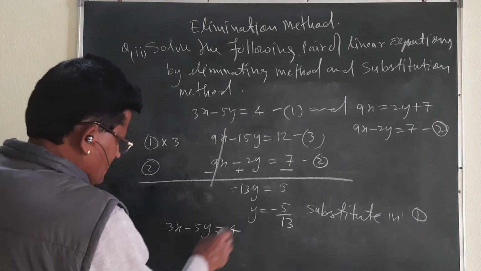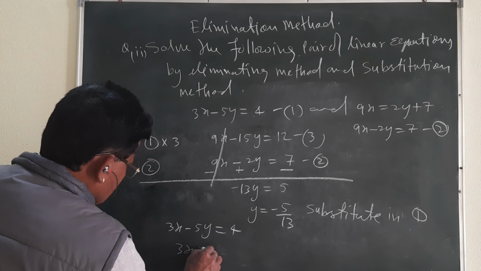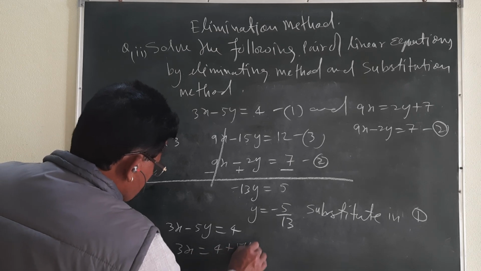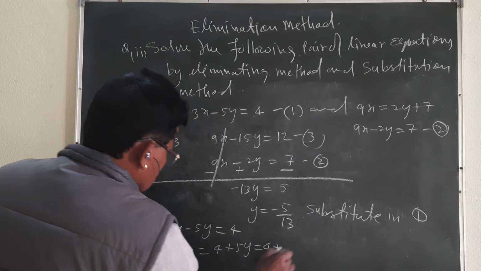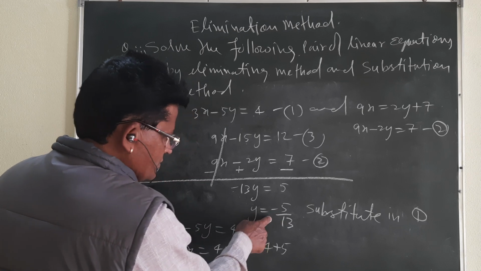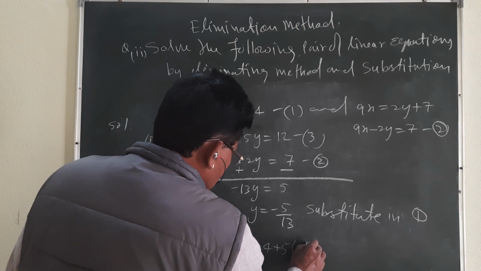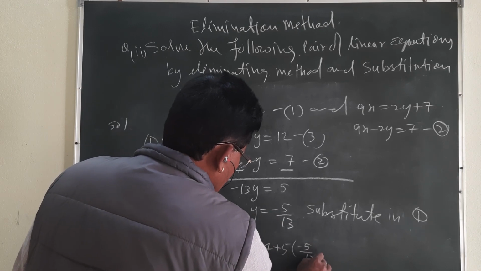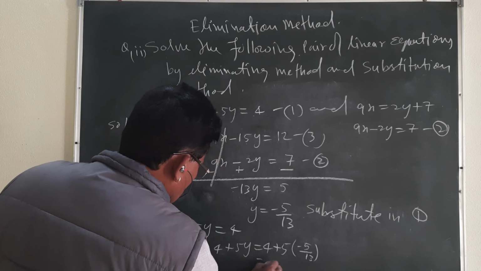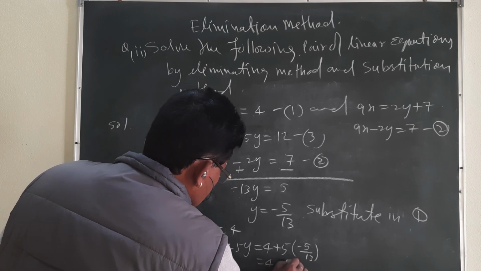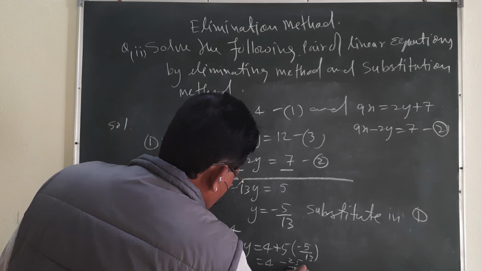Y you already got. That means write it as 4 plus 5y. Write the value of y, that is minus 5 over 13. It will be equal to 4 minus 25 by 13.